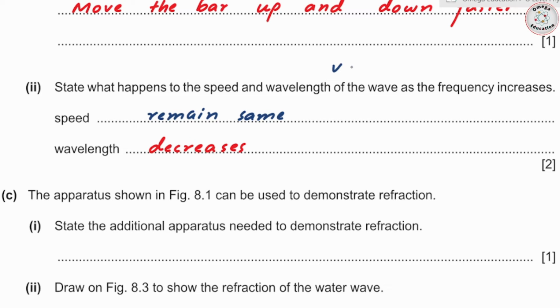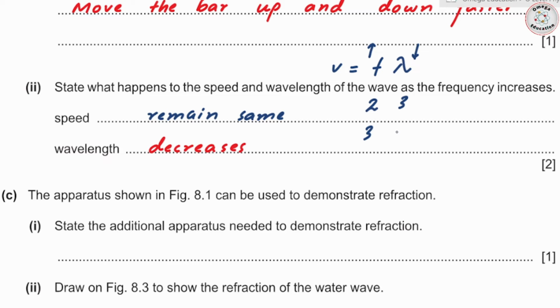All right, so the speed of a wave depends on these two things: frequency times wavelength. If you increase the frequency, in response there is a decrease in wavelength, and the product would once again be same. For example, your frequency previously was 2 hertz and the wavelength was 3 meters.